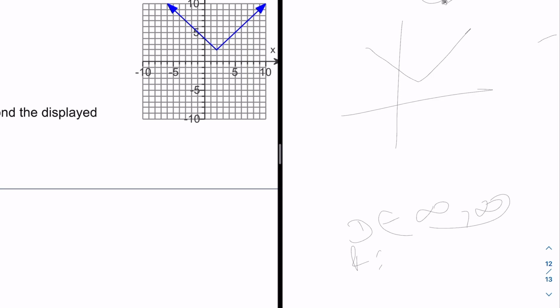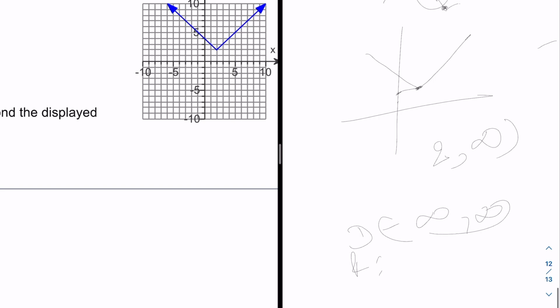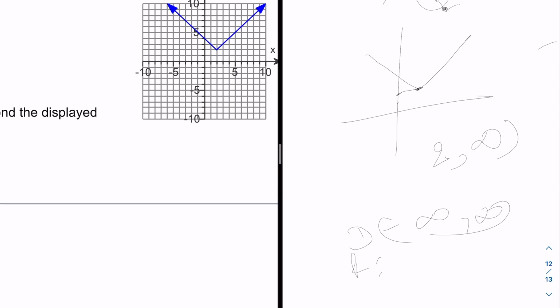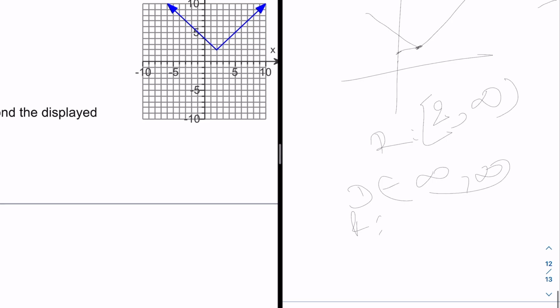So the range starting point is this y value. Range means y value. So look at the y value. It's 1, 2. So our starting value will be 2, and then it goes to infinity. And is 2 included or not? 2 is included. So our range is this.